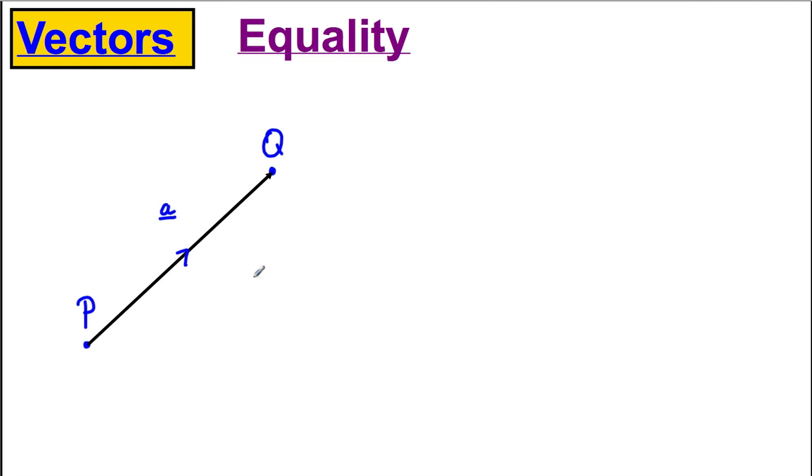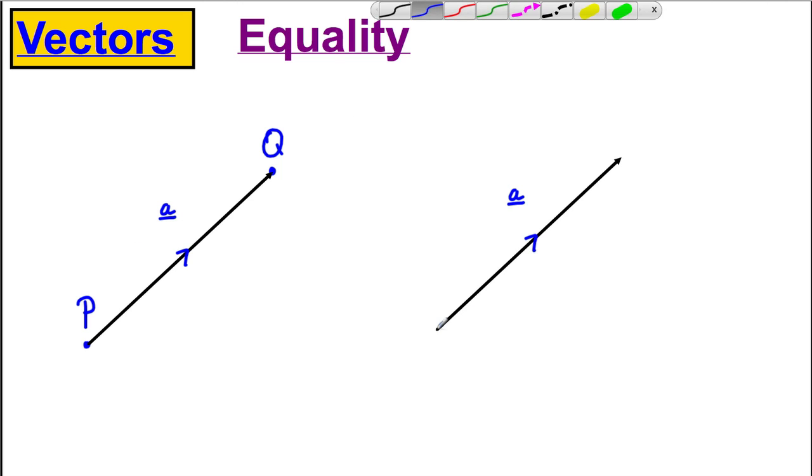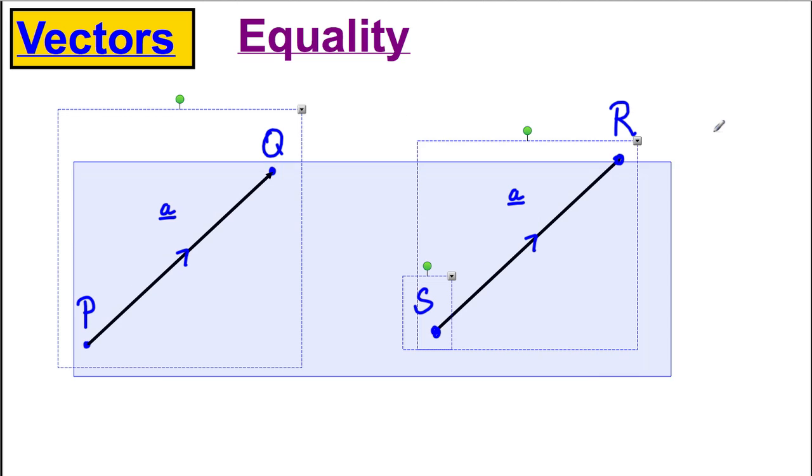Okay, say I've got the following vector there, and say I've copied it there. So I've copied the exact same one, but this is between point S and point R, let's say. Now, are these two vectors equal is the question.